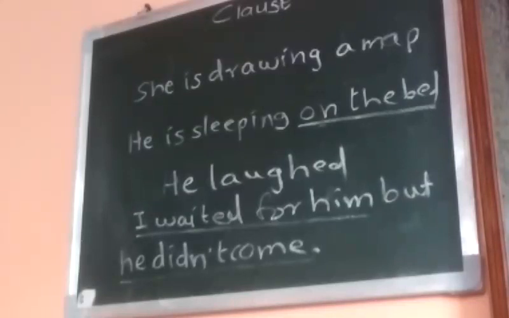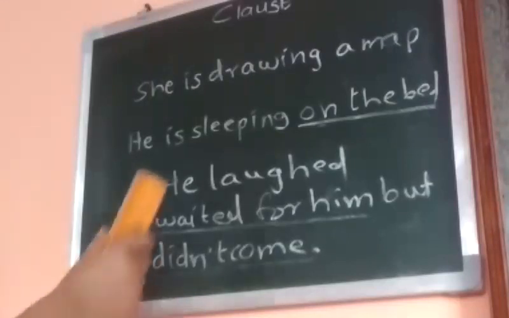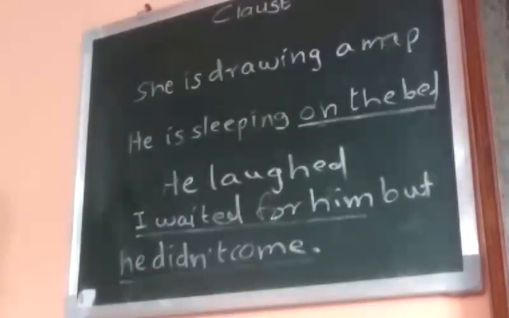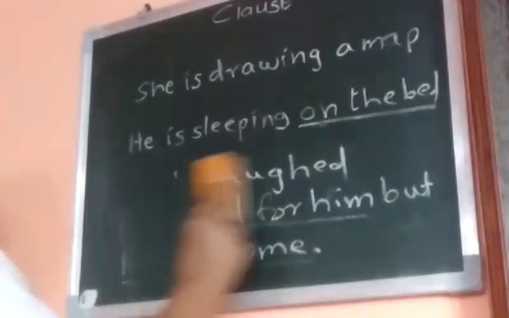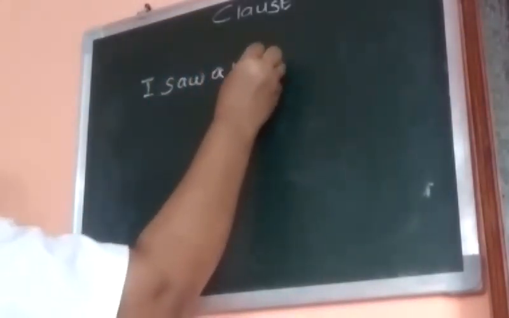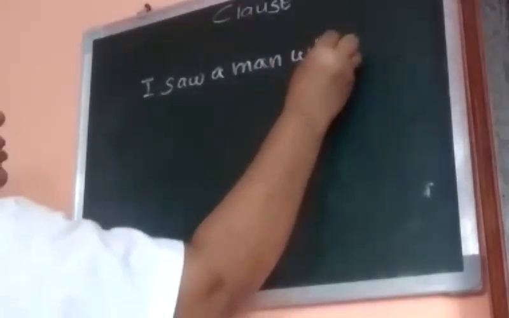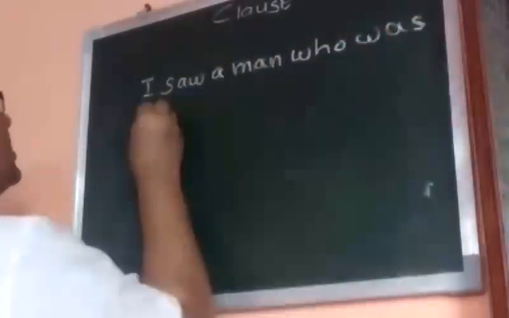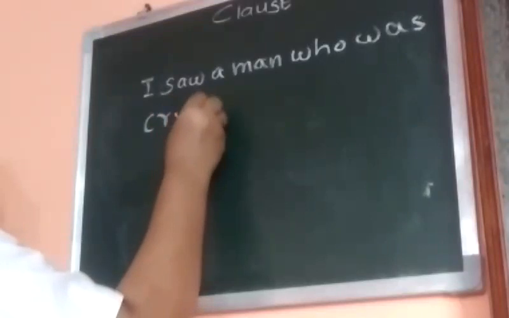Now we can look at the concept of main clause and subordinate clause. Main clause means independent clause and subordinate clause means dependent clause. Now read the following sentence. I saw a man who was crying.